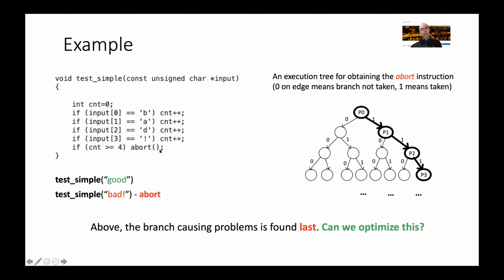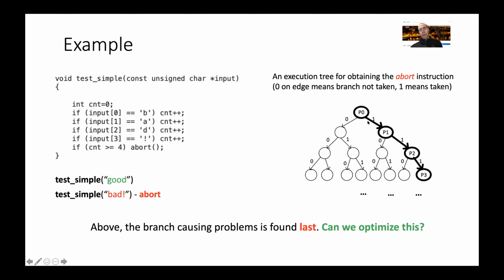It will raise this exception here. So if you give this function the text good, then the method shown in the previous slide will find the bad input string on the last branch of execution, and it will be put last in the work list.